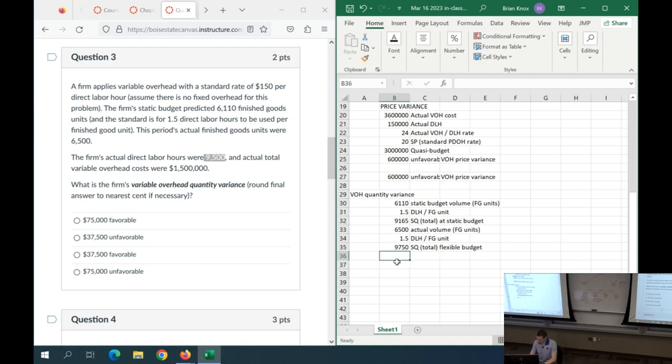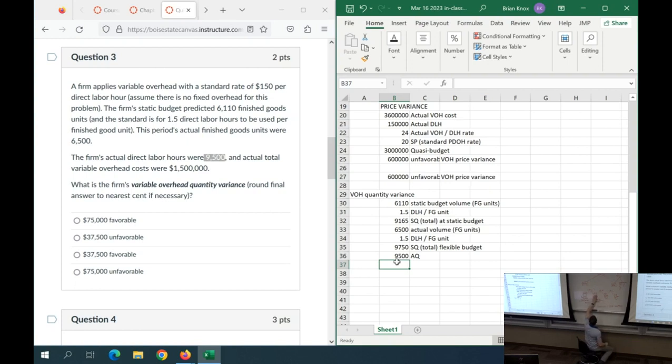So actual, let's put that 9,500, actual quantity, or AQ, is fine, abbreviate it. And then if we're doing it algebraically, quantity variance equals actual quantity minus standard quantity times standard price, right? Because we're over on this side.